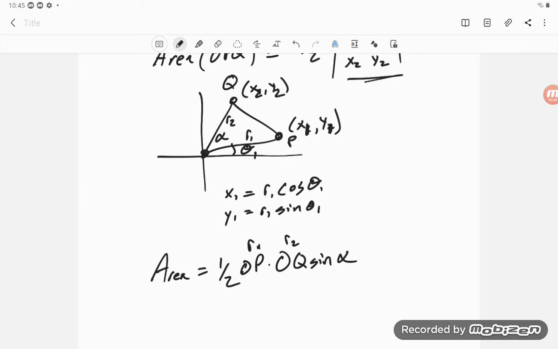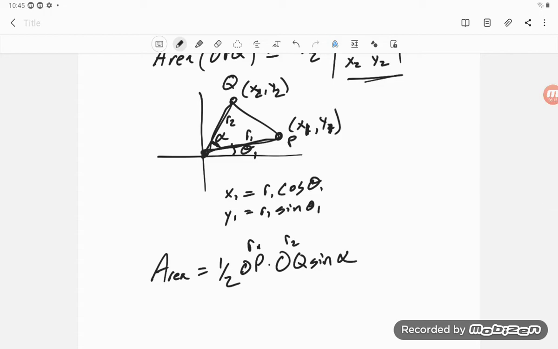Now do you agree with that? They are using a nice geometry formula here, this sine formula for area, where they take the lengths of those two sides and the sine of the angle in between, alpha, multiply that by 1/2 and get the area.